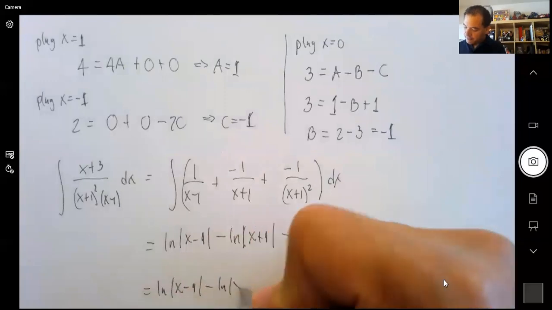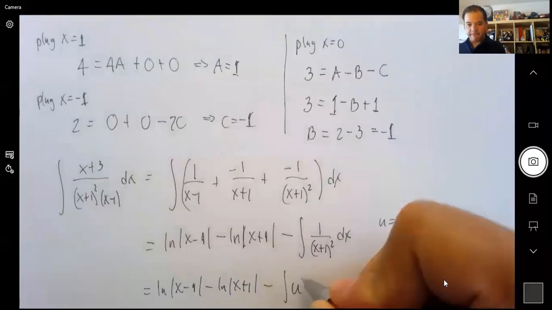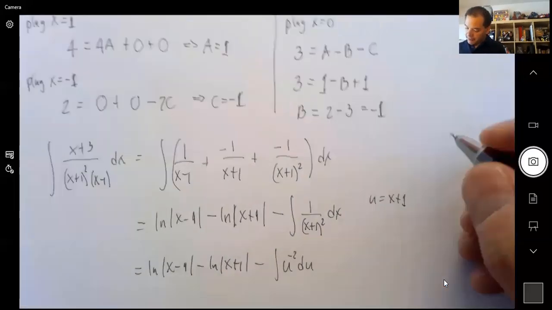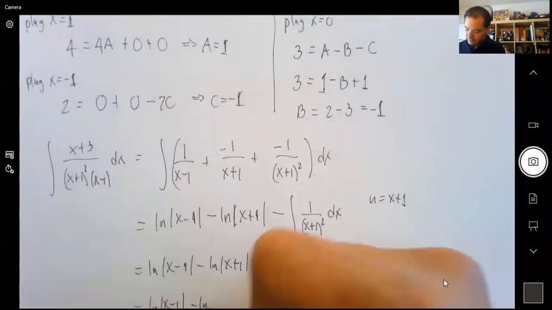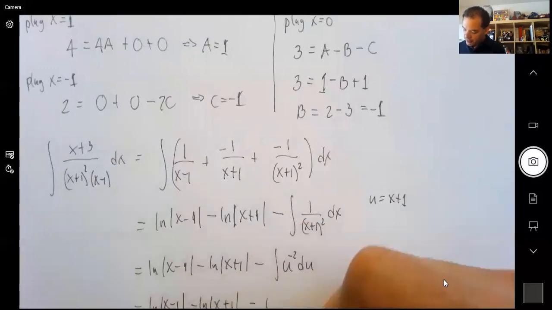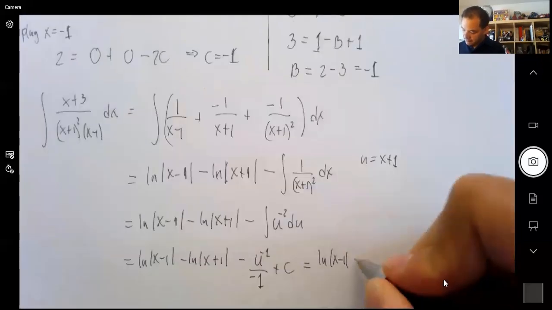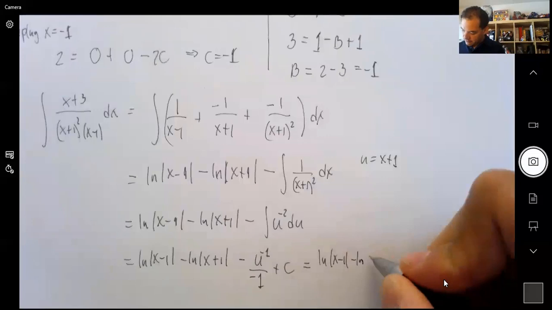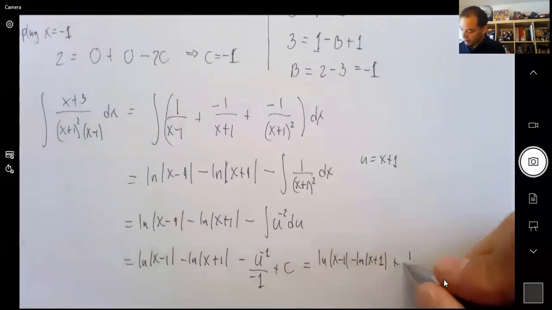If you make the u substitution u = x plus 1, this becomes u to the negative 2. And now you can do it, right? It will be u to the negative 1 over negative 1 plus c, and that's plus 1 over u, so 1 over x plus 1 plus c.